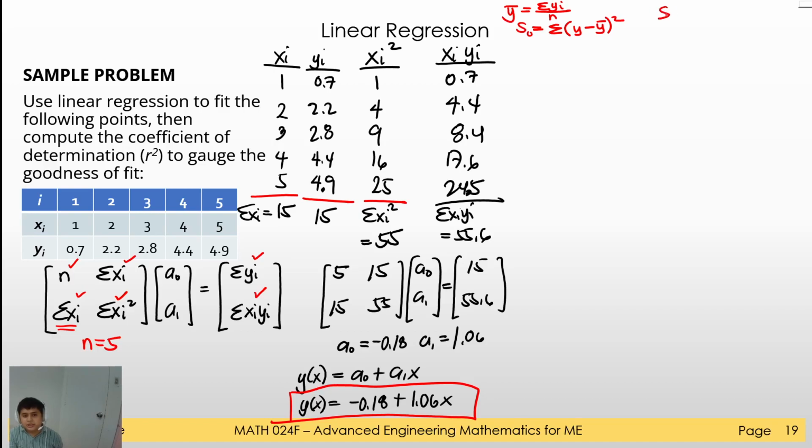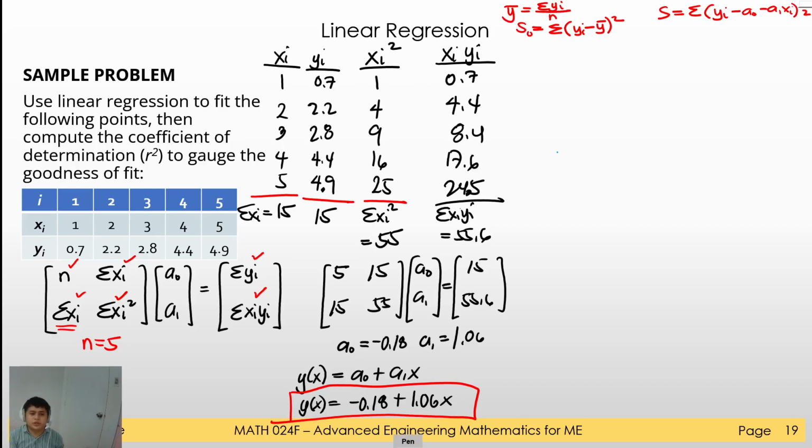And then for s, since this is linear regression, the summation of yi minus a naught minus a1 xi, and then squared. So we should find first this, and also this one.